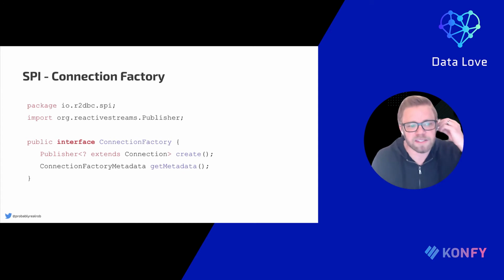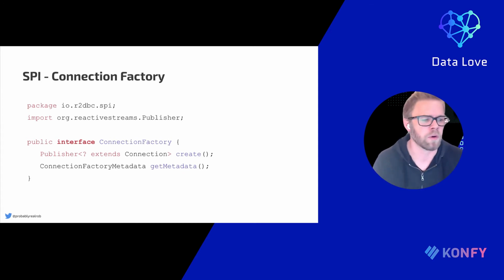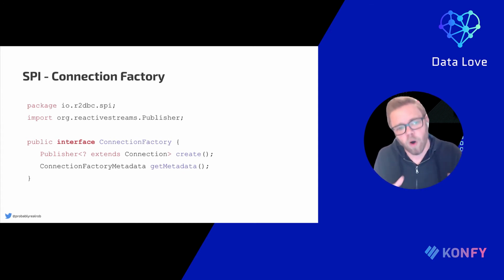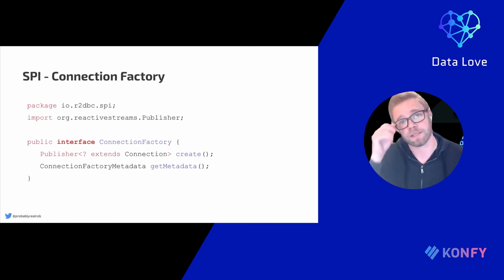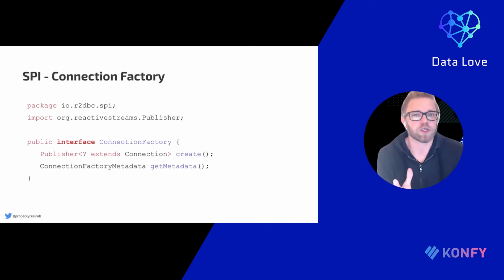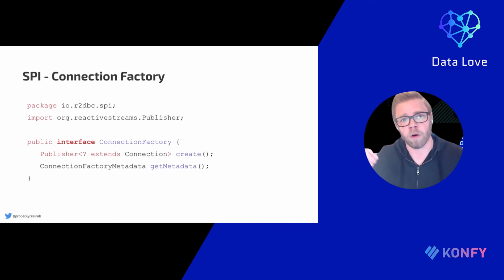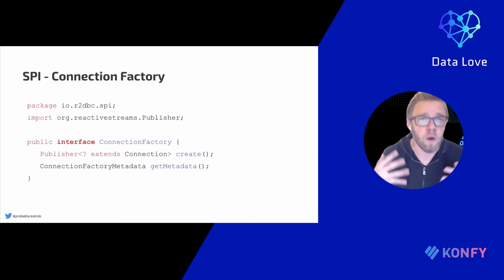Now, as we dive into the SPI, I really just want to show you for a couple of reasons. One, to show you how simple it is. And again, just to reiterate the fact that it is an interface. It's just defining the structure that an underlying implementation by MariaDB or Postgres or MySQL is actually going to create for the driver.